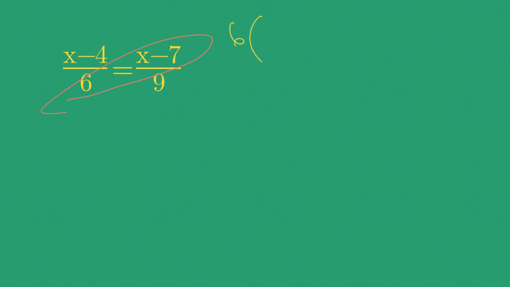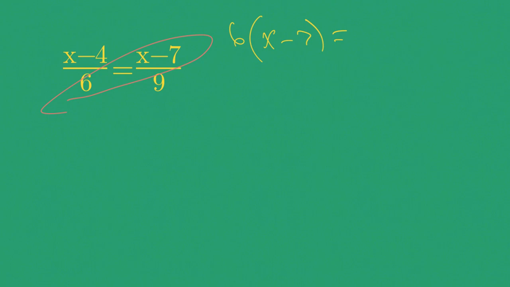So we're going to go 6 times x minus 7 equals. Make sure you put an equal sign after that first product. A lot of students, when they solve proportions, create another fraction, and that's not what we're doing here. The cross products are equal to each other. We are generating a small equation.